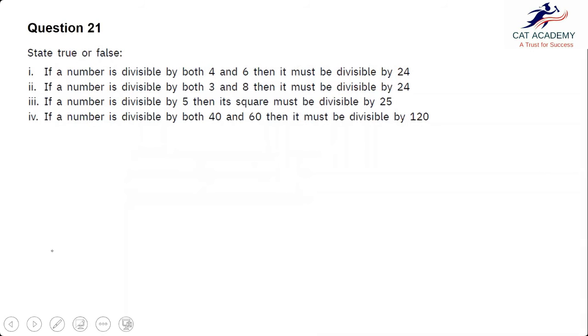Let's try this then. If a number is divisible by both 4 and 6, then it must be divisible by 24. Yes or no?